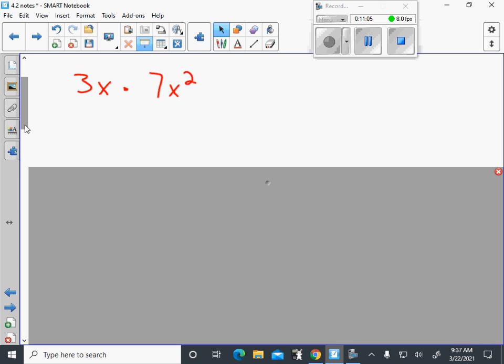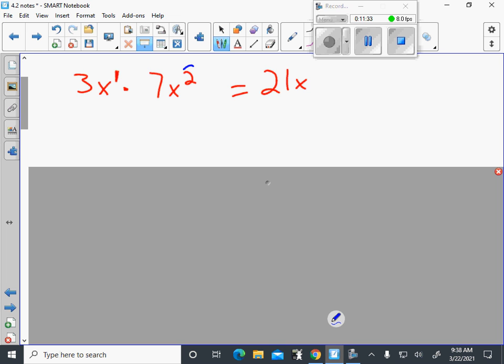So 3x times 7x squared. We can actually multiply these together. What's 3 times 7? Here's how we multiply. What's 3 times 7? 21. Okay, what's attached? We have x, but how many x's? That is the trick when multiplying these together. Okay, we could say this is 3x to the first power, right? 3x to the first power.